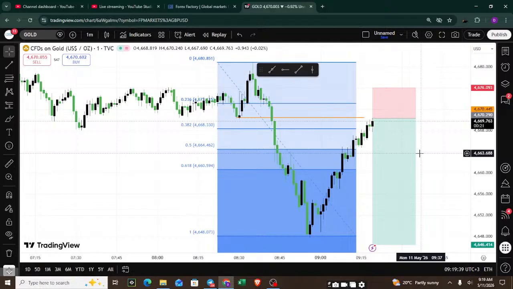So price is at our sell level. But we have to wait for a confirmation. We really have to wait for a confirmation. Now this will be the ideal place to sell. But we don't just get in because everyone is getting in.